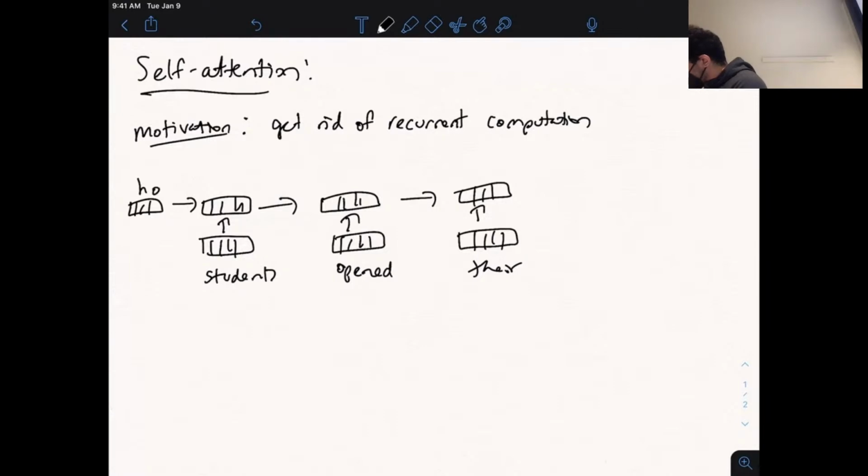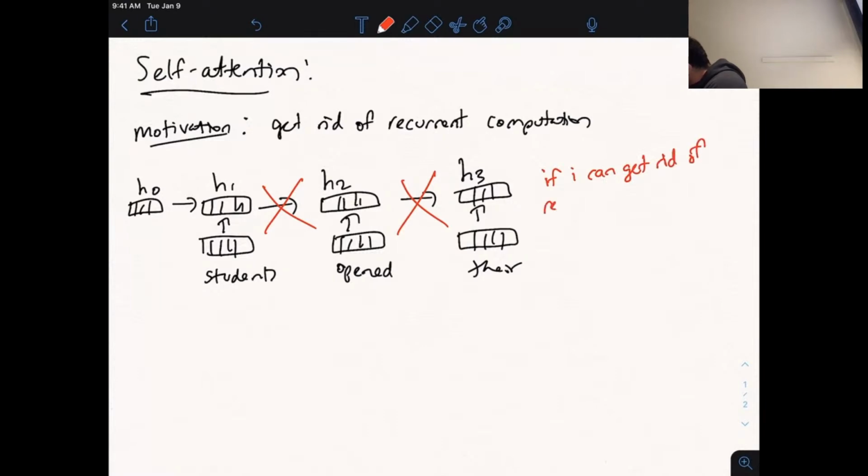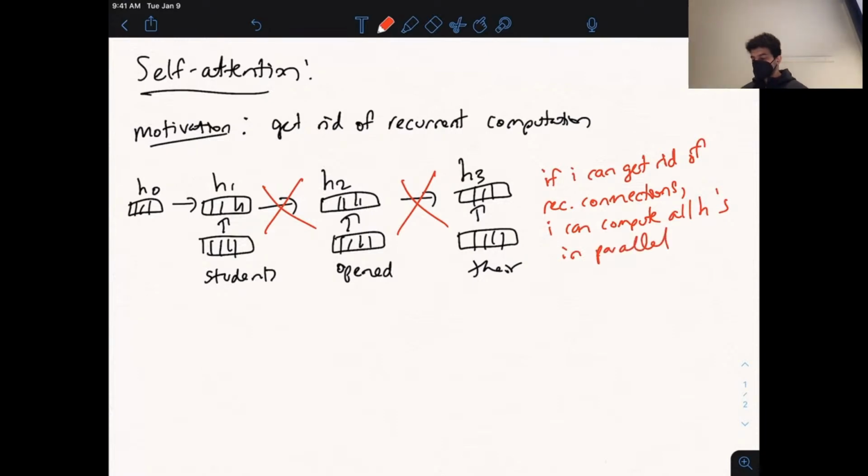But I have my H0, H1, H2, H3. And the thing that's making this slow is these recurrent connections, where I cannot compute H3 until I compute H2. So if I can get rid of recurrent connections, I can compute all h's in parallel. So what might this look like?